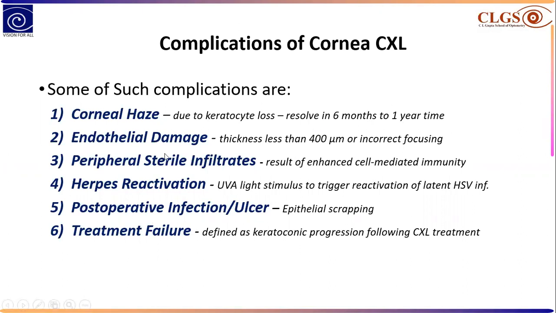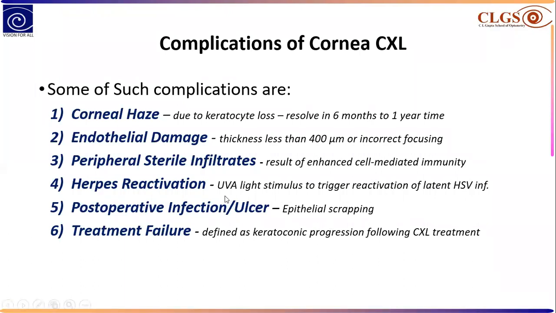There could be endothelial damage if the corneal thickness is less than 400 microns. There can be sterile infiltrates in the cornea because of cell-mediated immunity. There could be herpes reactivation in a person who has dormant, latent herpes.